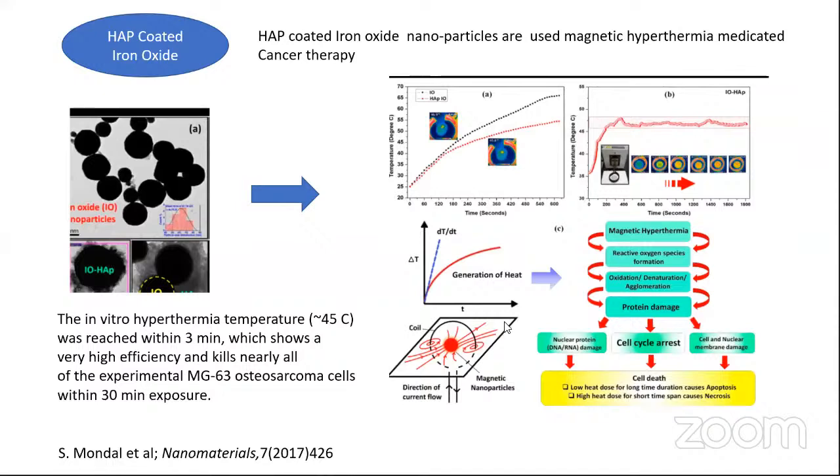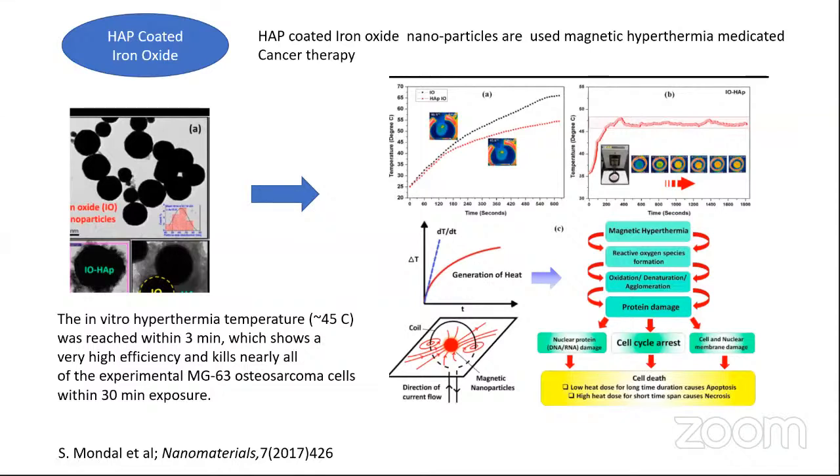The photographs show the hydroxyapatite coated with iron oxide, and that shows iron oxide hydroxyapatite at a larger magnification. And these are the characteristics, and this shows the synthesis method and how hyperthermia is used for cancer therapy.